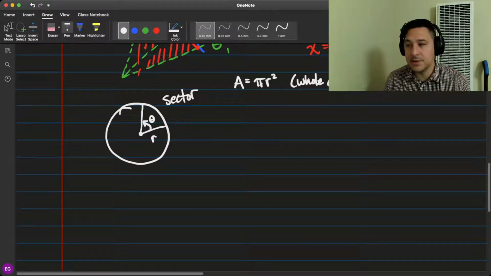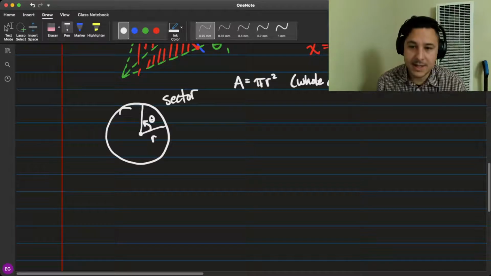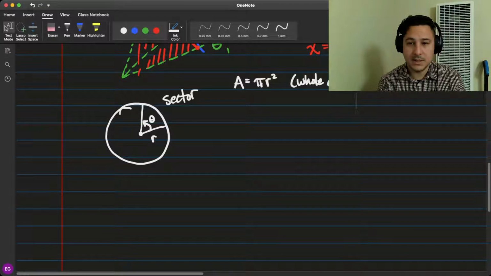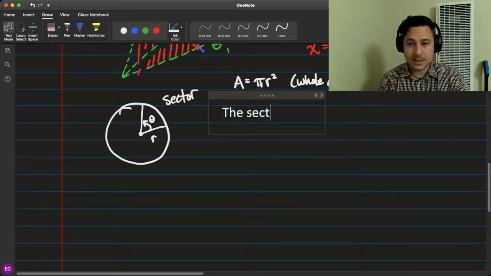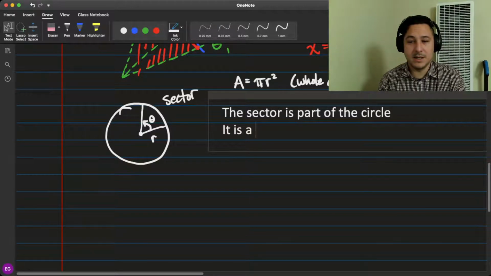Now, this sector is only part of that. The sector is part of the circle, and it is a particular percentage.